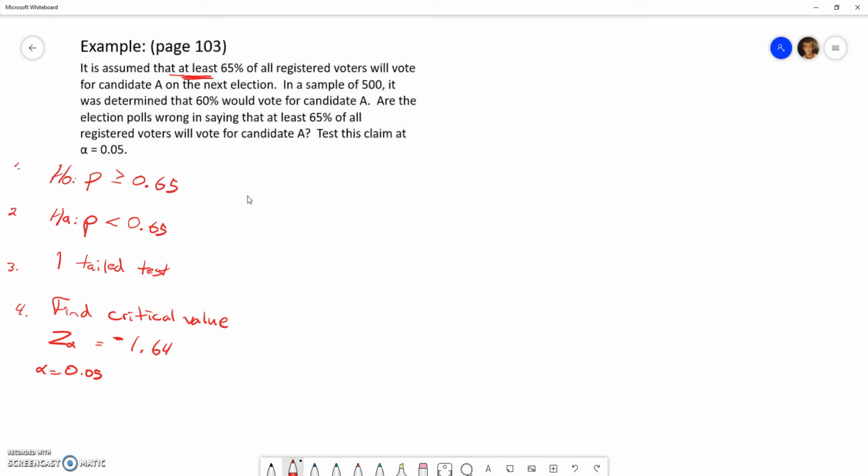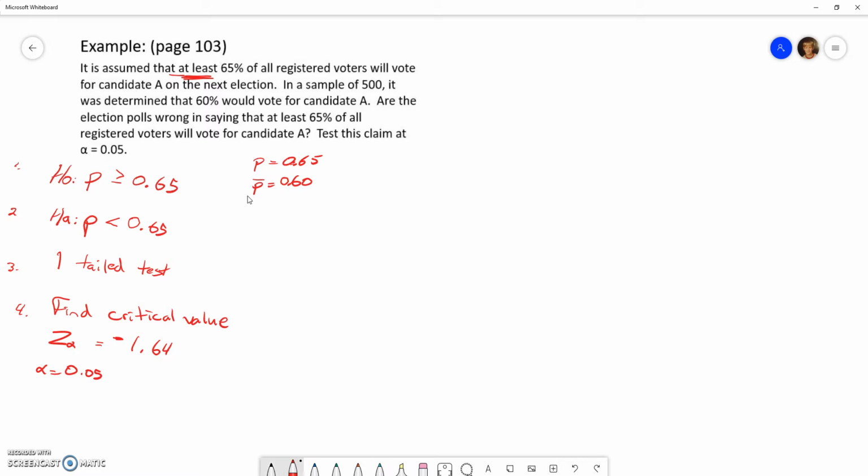There are a couple of ways to determine that. The direction of the alternate sign is pointing towards the left, and the left is negative. Also, we can tell because the population value is 65% and the sample proportion is less than that at 60%, so 0.6. If the sample proportion is less than the population value, we know we're working on that left end.